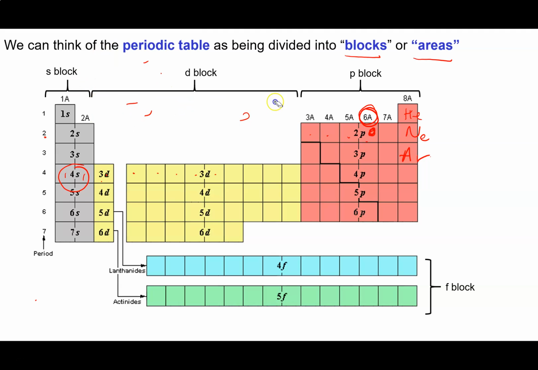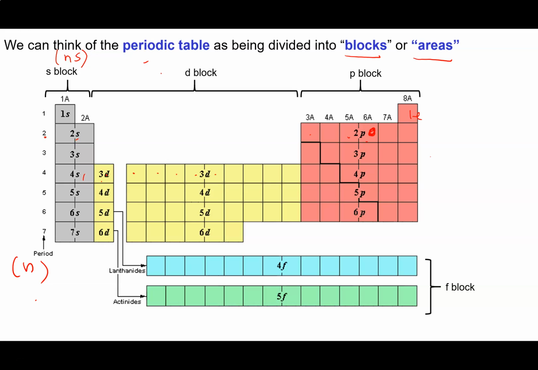Now I want to just point out two little things. For the S block, if we call the period number the shell number, n, you can see that the subshell corresponding to a particular period is simply ns. Whatever the period number is, you just follow that with the s.